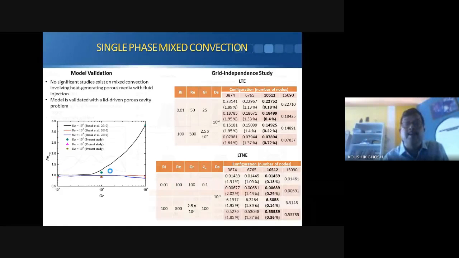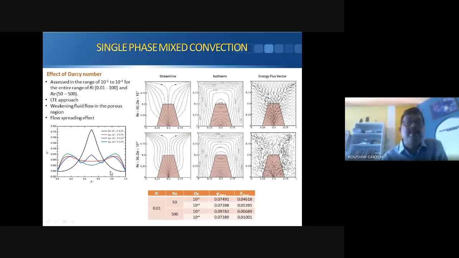Okay, and you can see some of the single phase mixed convection results, the effect of the Darcy number. Since it is a porous bed, the non-dimensional number is the Darcy number, and there is a flow spreading effect which is observed, as you can see here, and a weakening of fluid flow in the porous media. Due to the huge resistance, the flow is less here, and the flow is surrounded in this part.